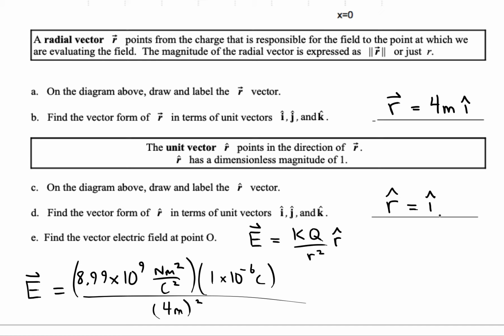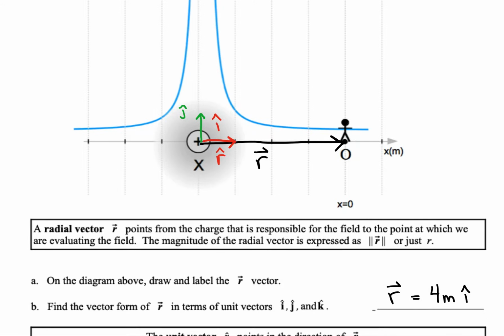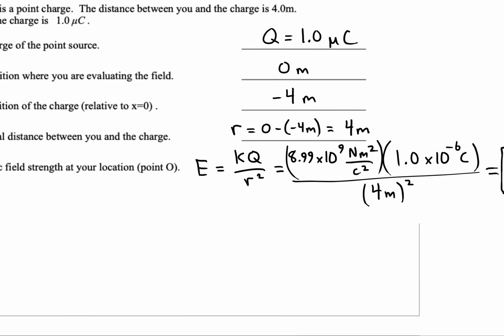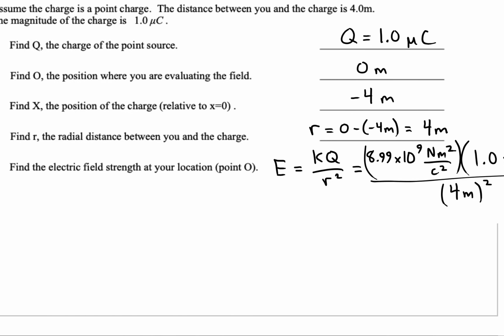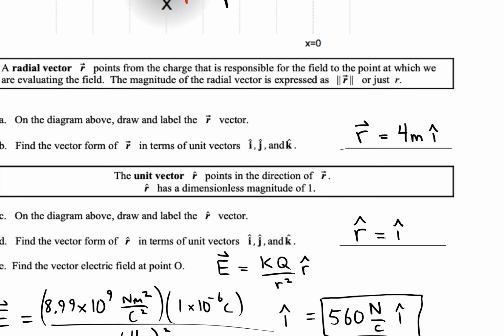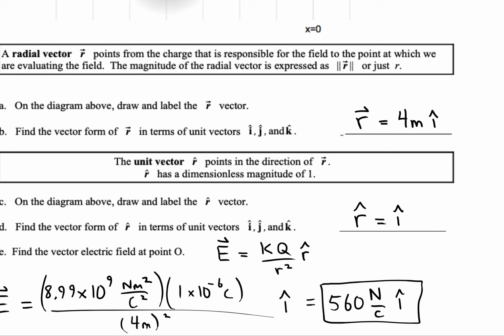Since r hat is i hat here, I'll just do that. In this particular case, there are very similar calculations, but one just shows the magnitude. That's this one. And the other shows a magnitude and a direction.